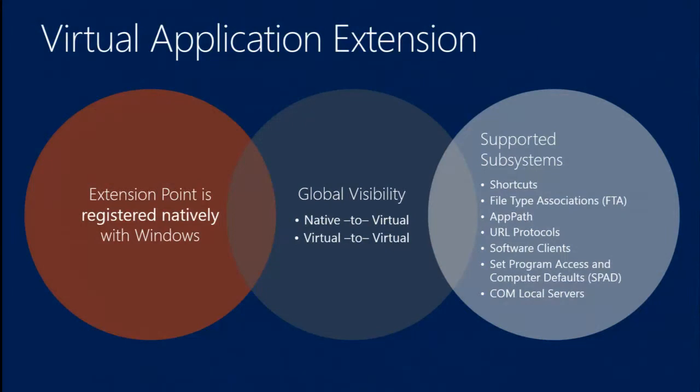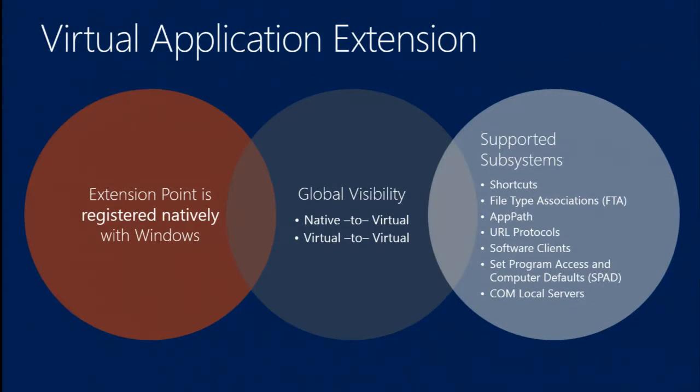So these are some of the specific extension points that we introduced in 5.0. Everyone here is familiar with the FTAs and shortcuts in App-V 4.6. And think of those as a virtual package that's registering itself on the local system so that native apps and other virtual apps can see it, right? So FTAs and shortcuts, it's like you see it in your start menu. There's nothing magical about that.